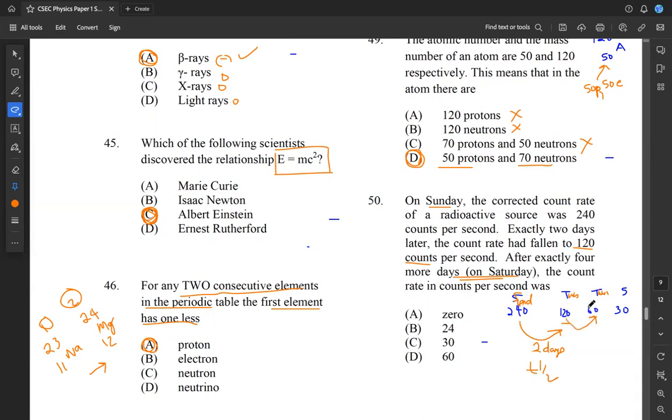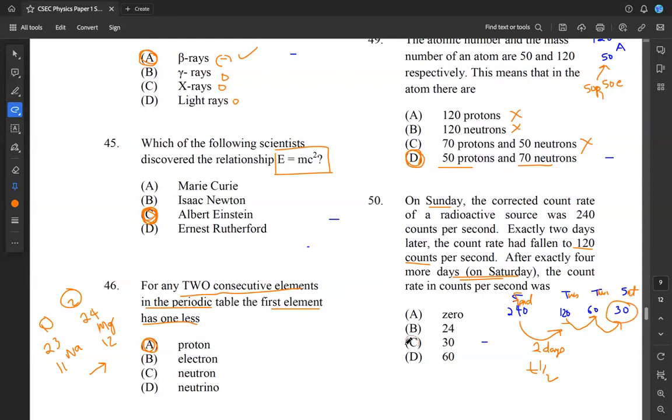So that would be 60. So we're at 60 after 2 more days. Then 2 more days after this is going to get us to Saturday, which is what the question is asking us about. So 2 days later, we're going to end up at half of where we were on Thursday. And so on Saturday, we'll end up with 30.